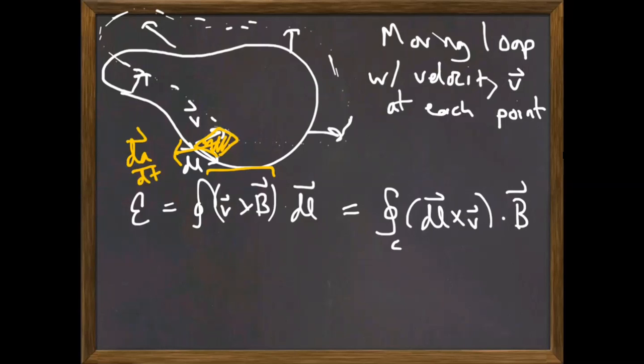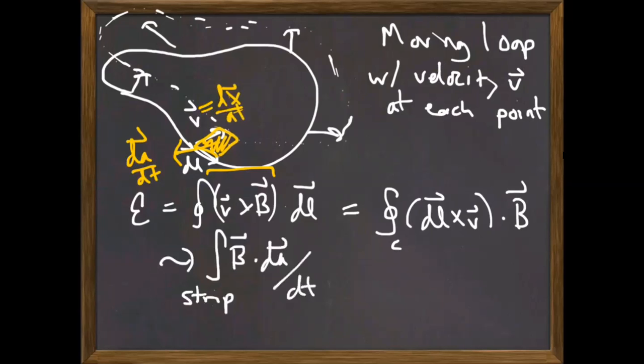And so dl cross v is telling us something about the area of that surface, dA, except it's not really an area, it's an area divided by dt, because v is dx/dt. That side of the loop is really dx, and so the whole area that I'm integrating is dA over dt.